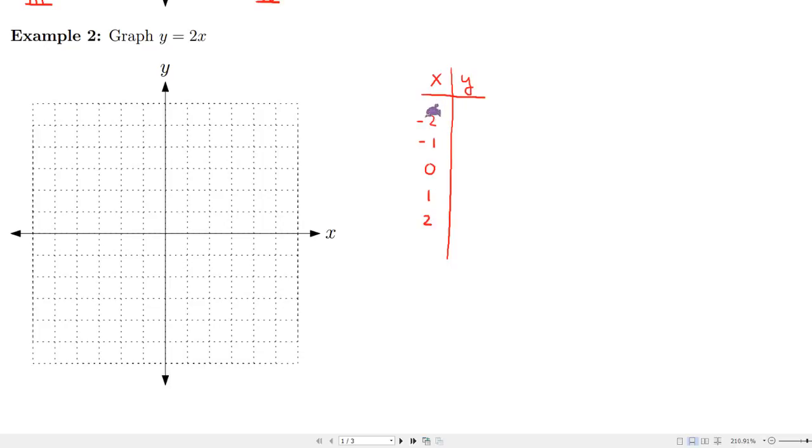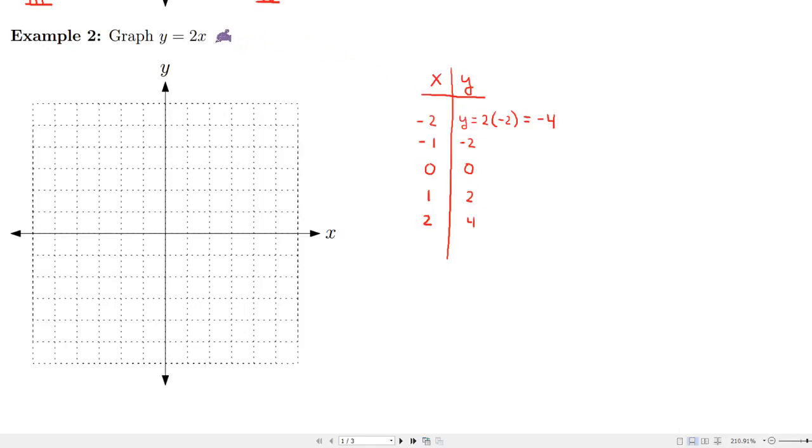For each of these x values, we're going to compute what y must be so that this equation is valid. So y is equal to 2 times this x value. That would be negative 4. You just multiply the corresponding x value by 2. So we'll get negative 2. 0 times 2 is 0. 2 times 1 is 2. 2 times 2 is 4.